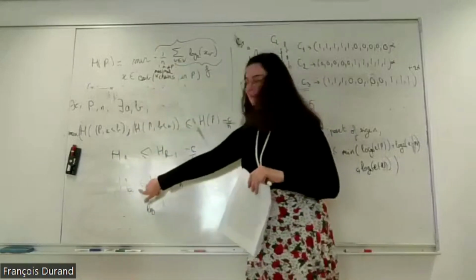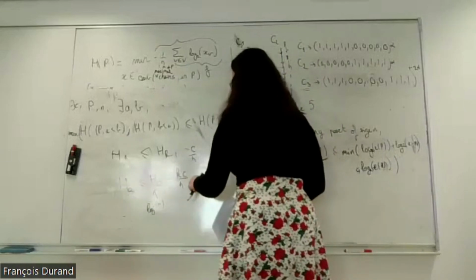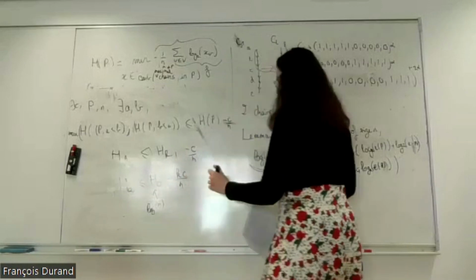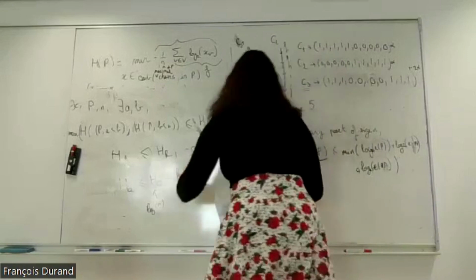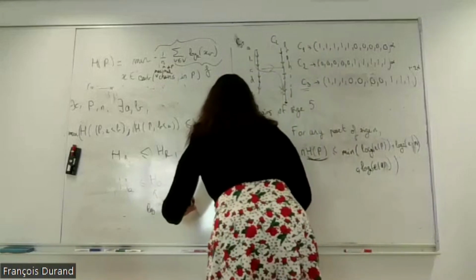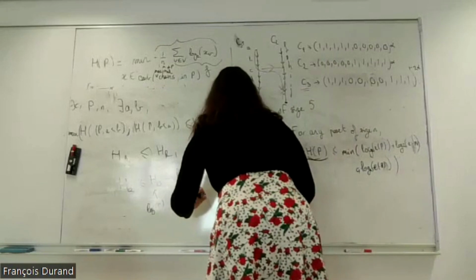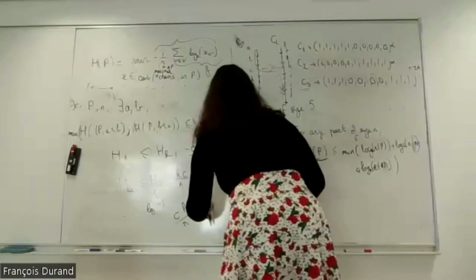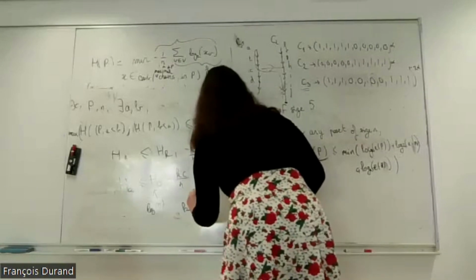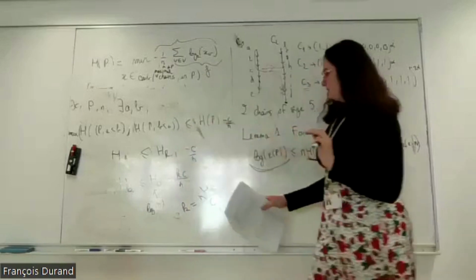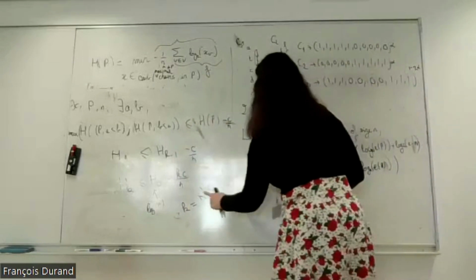So if you iterate this, it means that after K comparisons, H of K is smaller than this. And if you want this to be equal to 0, if you solve this, K is equal to something like n log n divided by c.